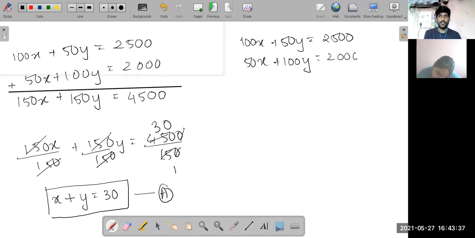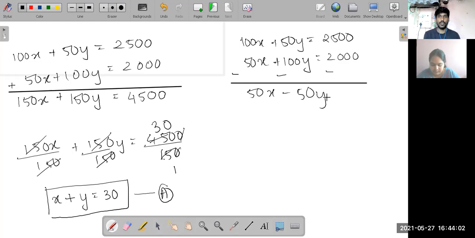Be careful one thing, when you subtract, you change the sign throughout. So don't forget that, changing the sign throughout. 50x minus 50y equals 500.